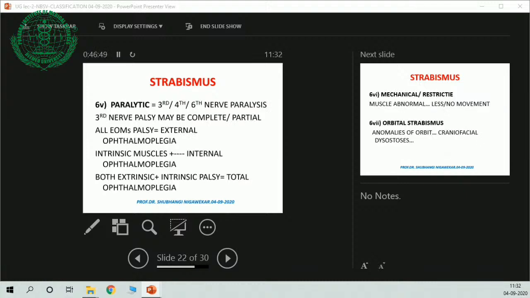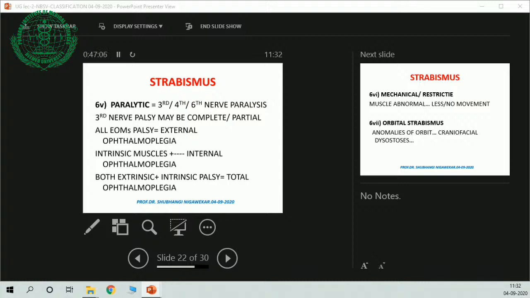Next is the paralytic. Tropia has another component, which is paralytic. Yesterday I told you that we have dealt with the extraocular muscles, and the 3rd, 4th and 6th cranial nerves are important as the nerve supply for the extraocular muscles.